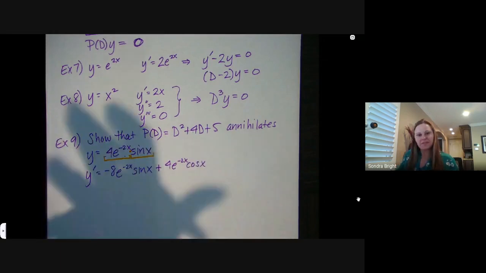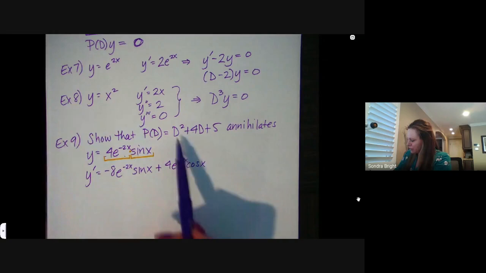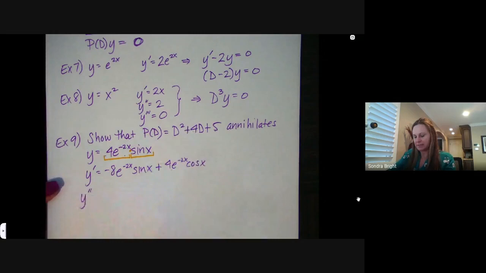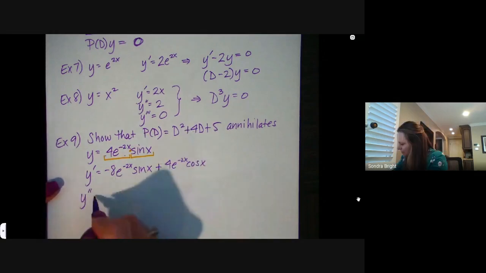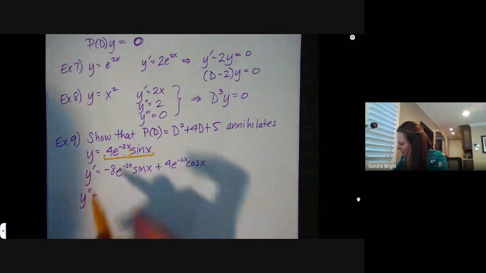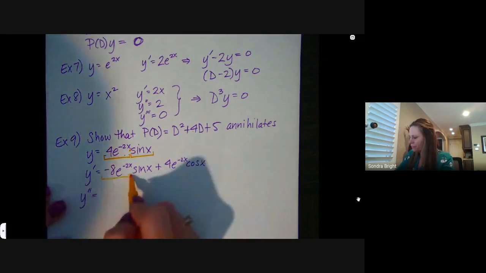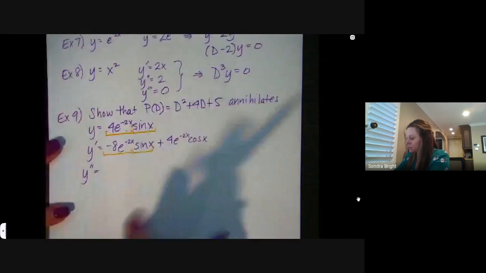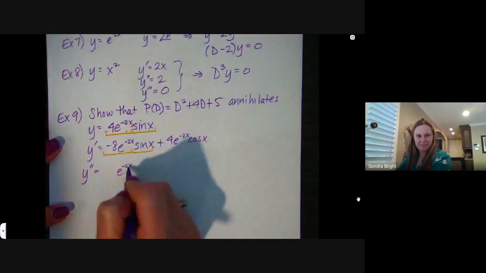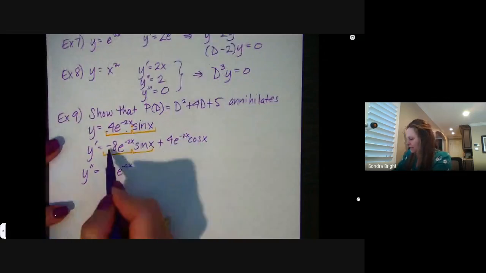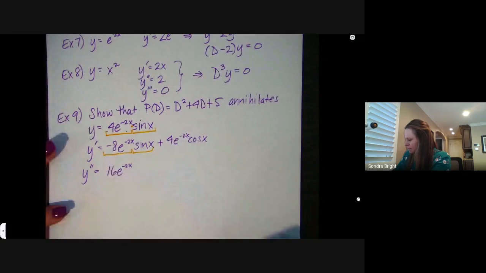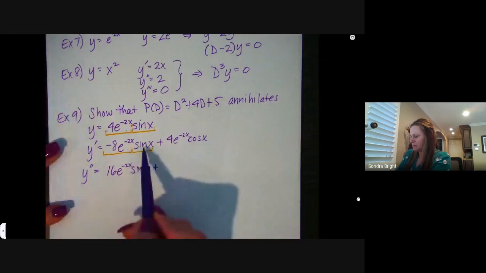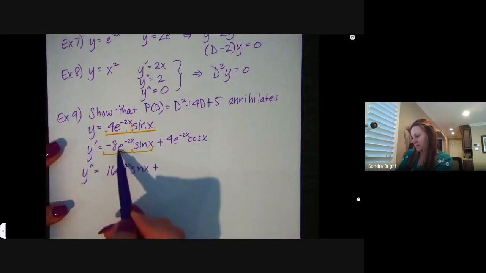We also need the second derivative because of this d squared. So the second derivative, oof, product rule twice. All right. I'm going to treat this guy as the first one and this guy as the second one, so that I've got derivative of e to the negative 2x would be e to the negative 2x, but then times a negative 2 times negative 8 would give me a positive 16 e to the negative 2x, and then just times sine of x, plus the negative 8e to the negative 2x times derivative of sine is cosine.